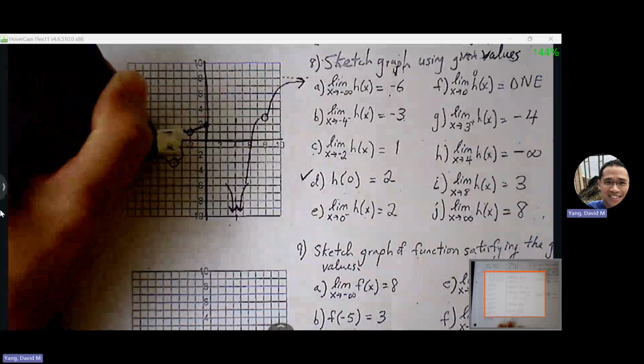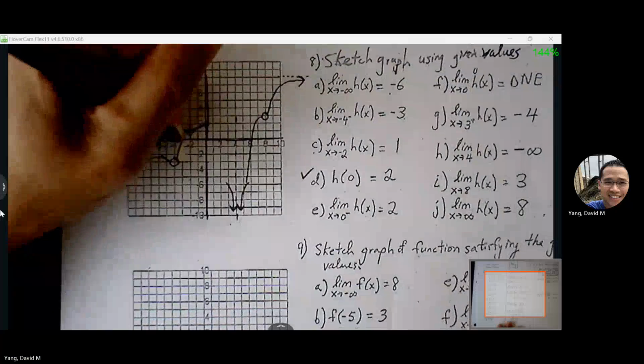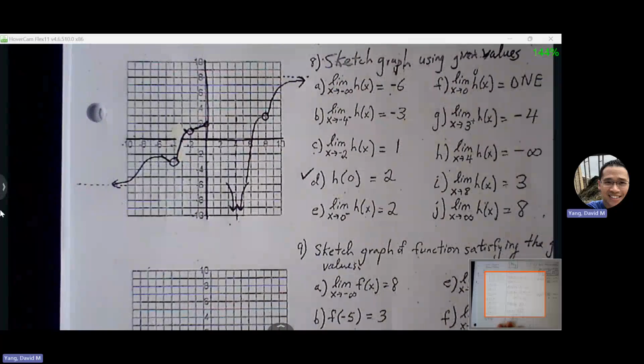Make sure that no parts of your graph are failing the vertical line test. I do want to point out again with vertical asymptotes, be careful how you draw your arrows. This is what I see some students do. Around an asymptote, say this one here, approaching 4, make sure that your arrows are gravitating towards the dotted line.